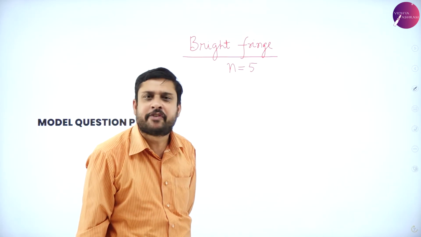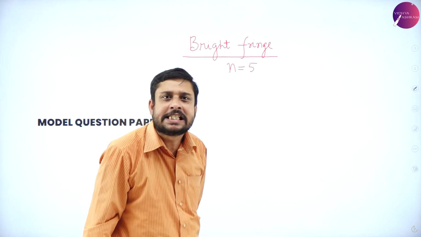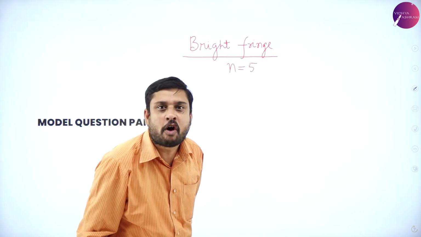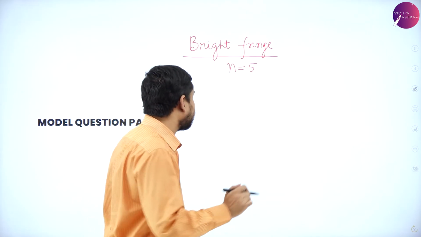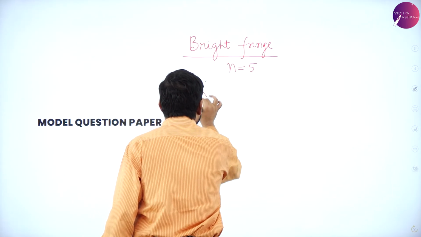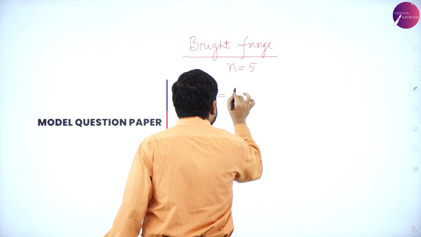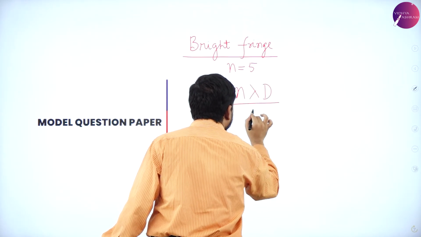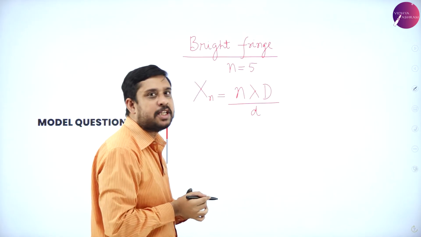Fifth bright fringe, n is 5. What is the expression for its distance from the central fringe? Xn is n lambda D divided by small d.